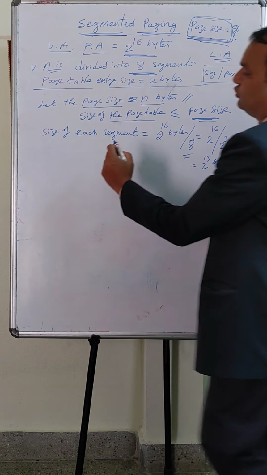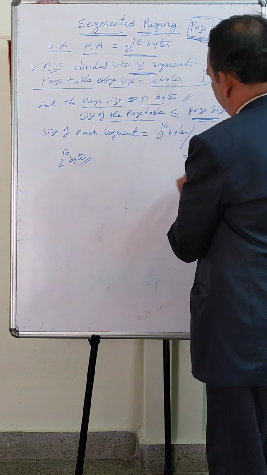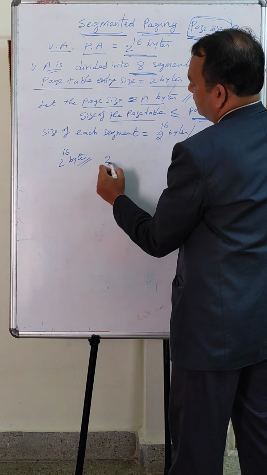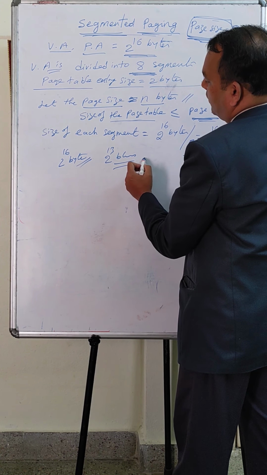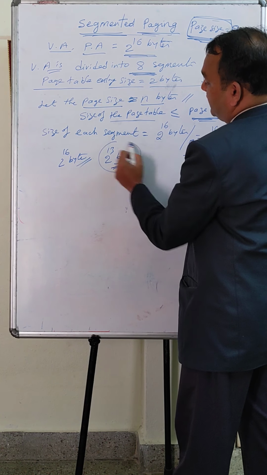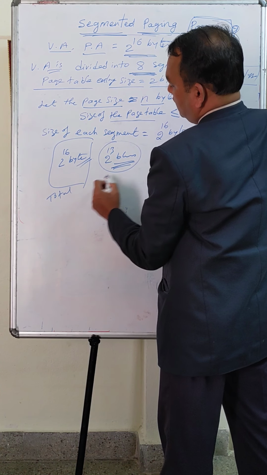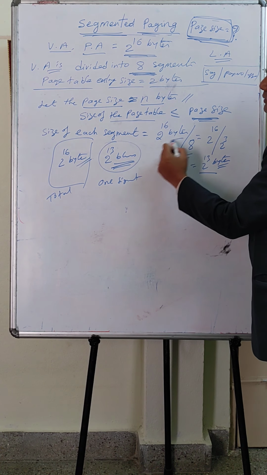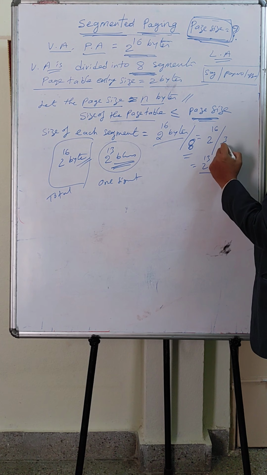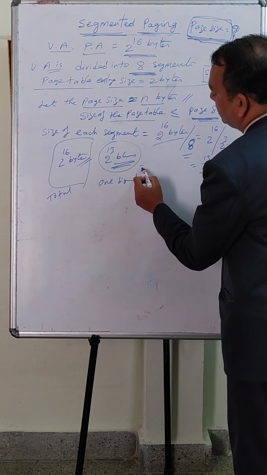Okay, my dear friends, this 2 power 16 bytes of space is divided into segments of 2 power 13 bytes. This is one segment size, and this is the total size. How did we get one segment? 2 power 16 by 8 segments is 2 power 16 by 2 power 3, which is 2 power 13 bytes, equal to 8 KB.